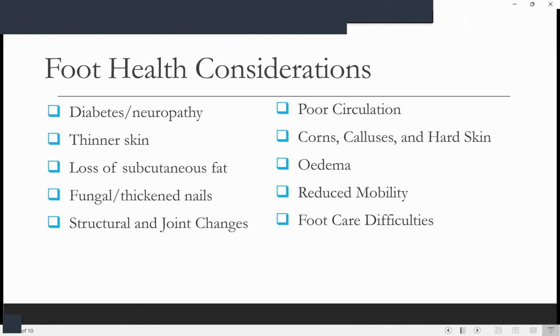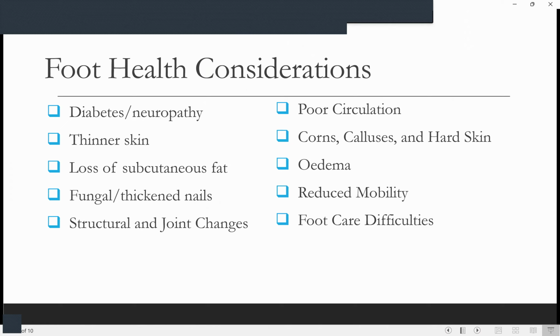We're working on the feet, so let's look at the foot health considerations. If someone's got diabetes or neuropathy, and diabetes can lead to neuropathy, that with the thinner skin, you get a loss of subcutaneous fat. That's the fat under the skin, and so the feet can be very bony.